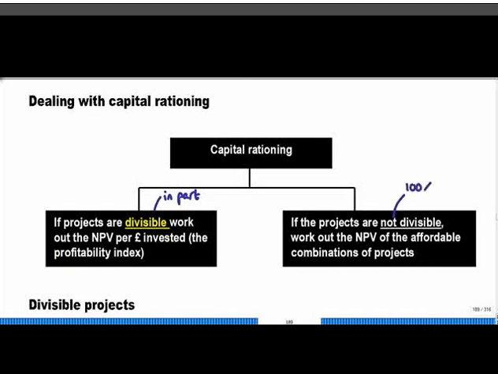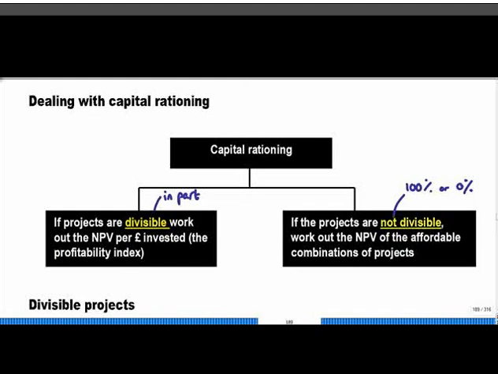So for example, if you're launching a major new product in the UK, perhaps a new razor blade, you might be able to launch it as a national campaign, selling it around the UK. You're very unlikely to be able to justify selling it in one county. Some projects you either have to do them or not. Questions will clearly say whether projects are divisible or indivisible.